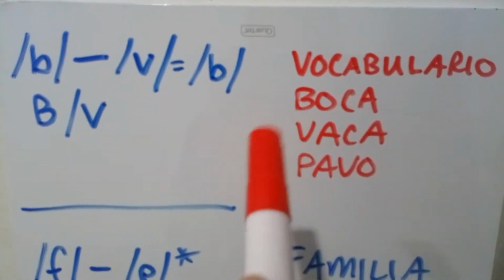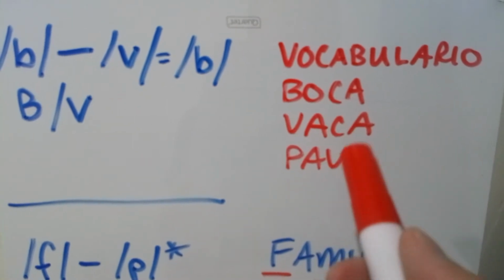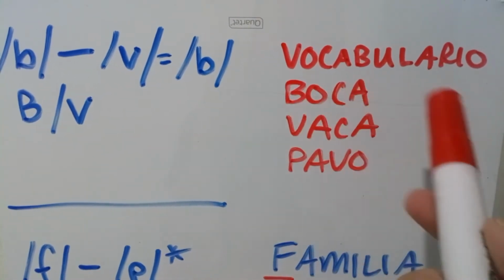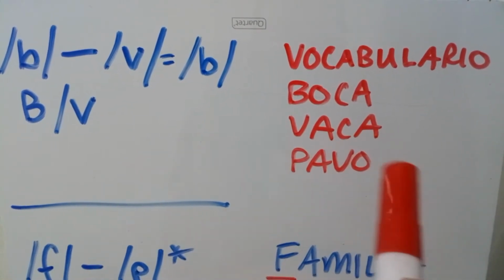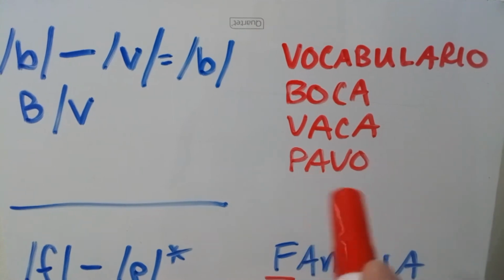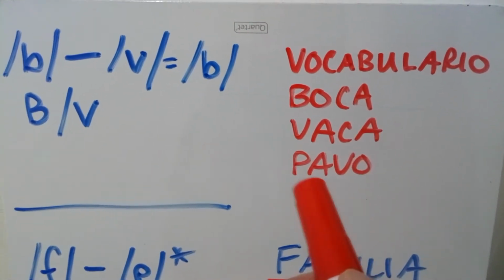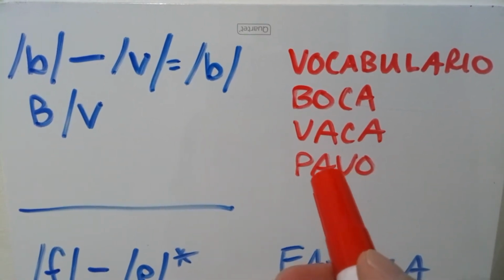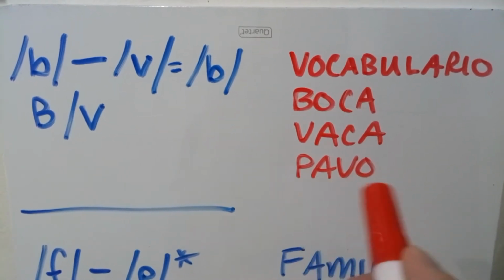In standard Spanish, though, the v and the b will make different sounds depending on the position they are at in the word. So, vocabulario, boca, vaca, pavo, right? It's softer. Instead of pabo, it's pavo. It's a softer b. In Philippine Spanish, pabo, and in standard Spanish, pavo, right?